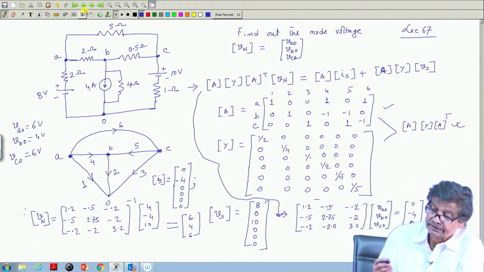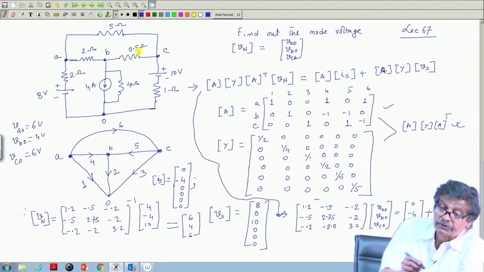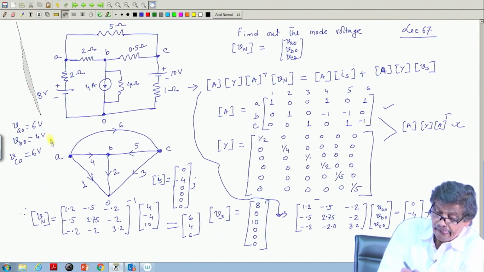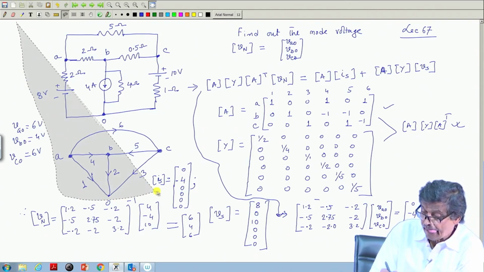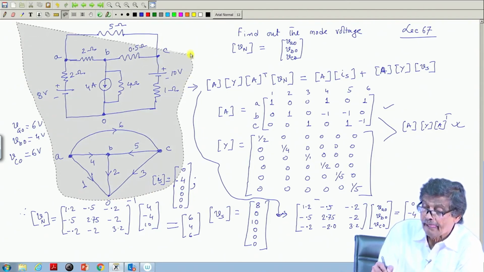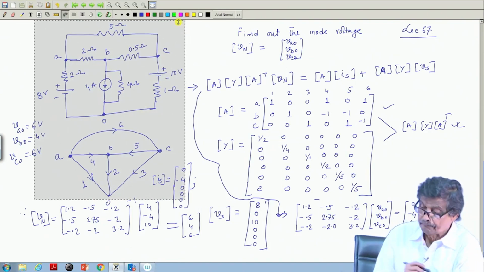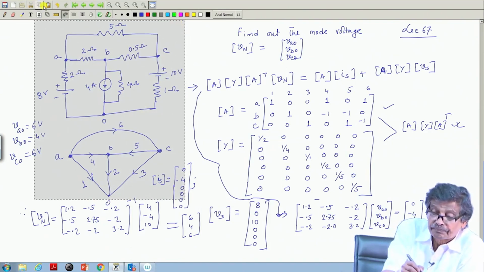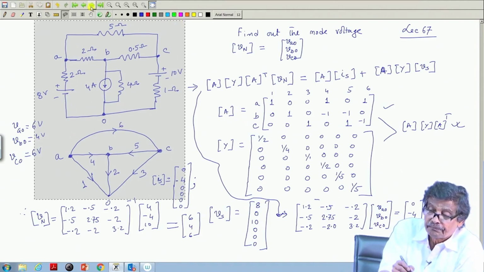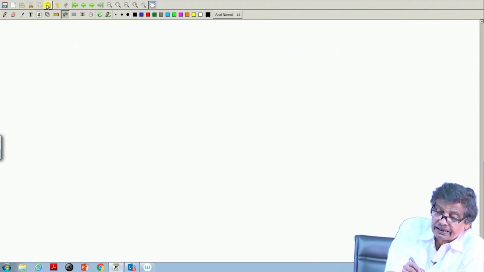Let us see. So, the same network. Let me copy this, open a new page, and here I paste.